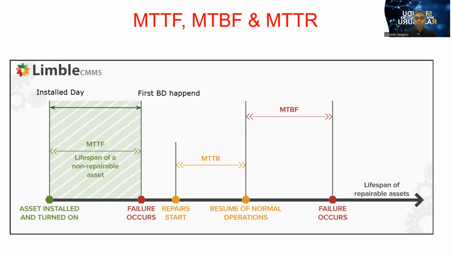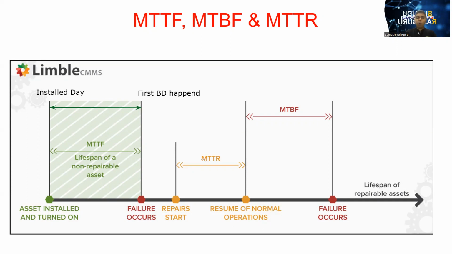But MTTR means mean time to repair. That means when a failure happens, at that time we start the repairing activity. After we start the repairing activity, the duration until we start the operation again is the time for the repair.